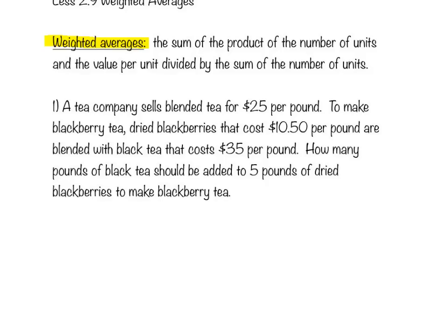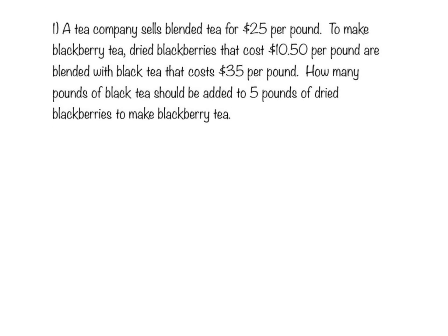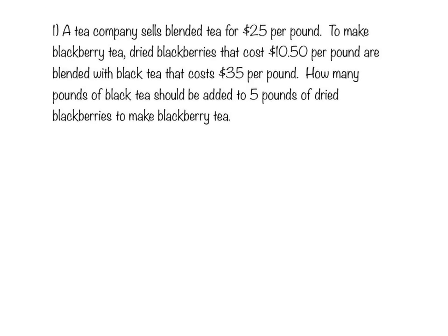Number one, a tea company sells blended tea for $25 per pound. To make blackberry tea, dried blackberries that cost $10.50 per pound are blended with black tea that costs $35 per pound.